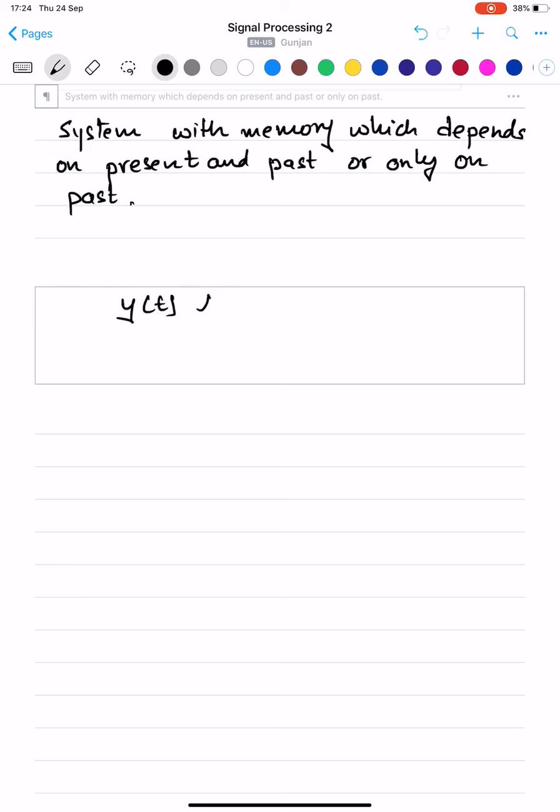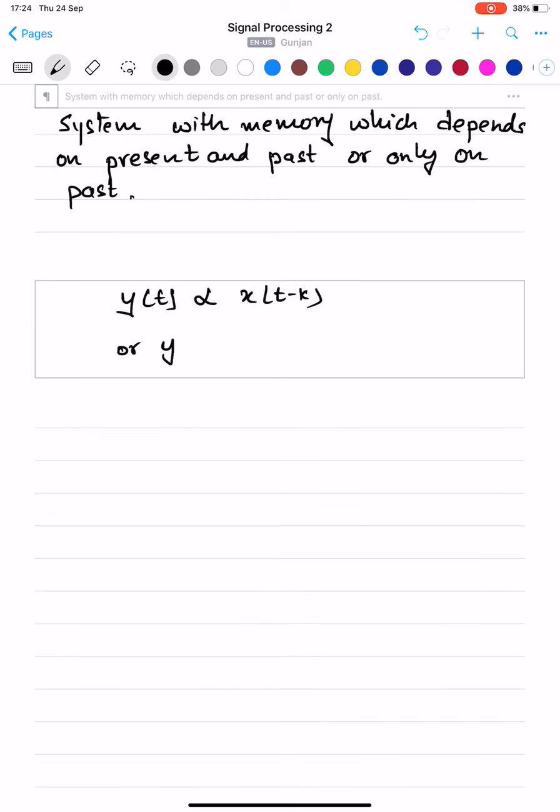So you can say y(t) is proportional to x(t minus k), or y(t) is proportional to a combination of x(t minus k) with x(t).